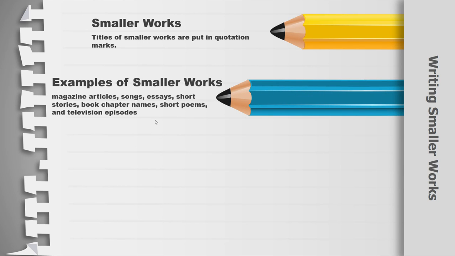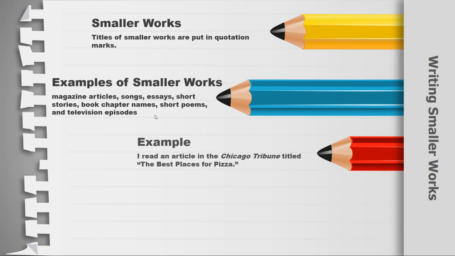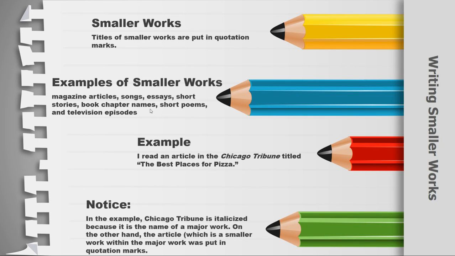Examples of smaller works include magazine articles, songs, essays, short stories, book chapter names, short poems, and television episodes. An example of this: I read an article in the Chicago Tribune titled "The Best Places for Pizza." Notice in the example, Chicago Tribune is italicized because it is the name of a major work. On the other hand, the article, which is a smaller work within the major work, was put in quotation marks.